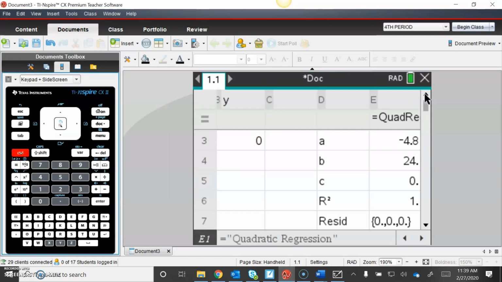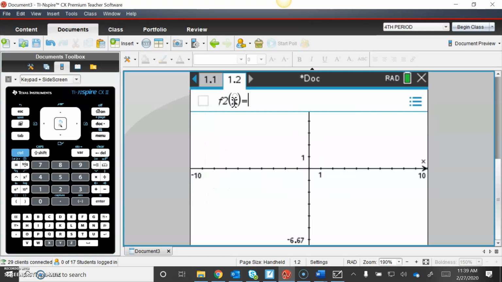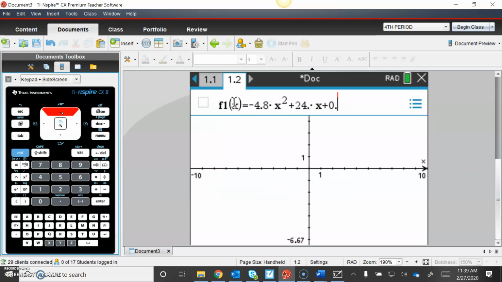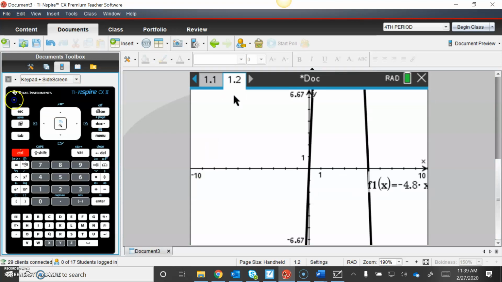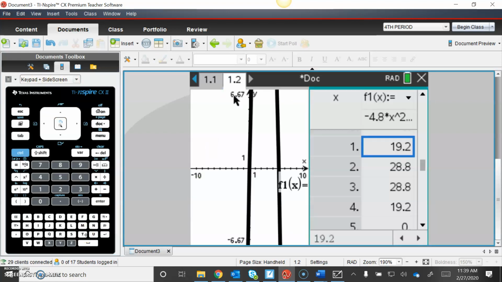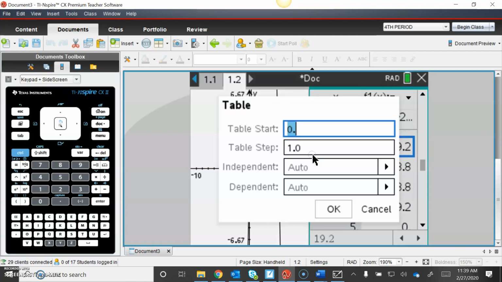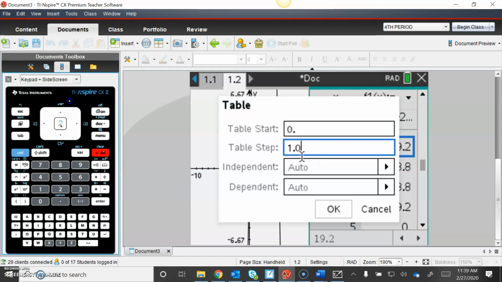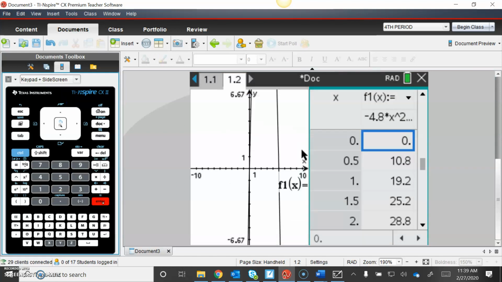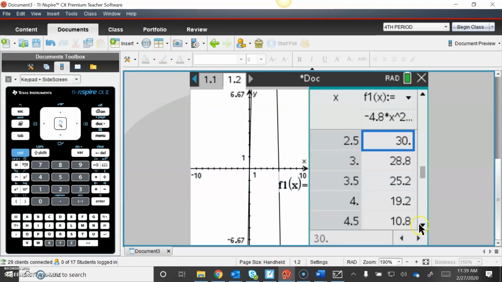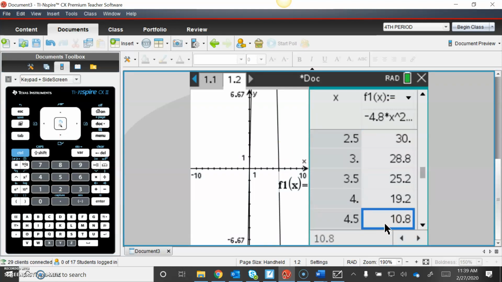Because this did add to our graph, we can go to our graph and put our quadratic. We talked about using our table, and we could change our table to have a table skip of 0.5. So we could in fact then see that at 4.5 it was at 10.8.